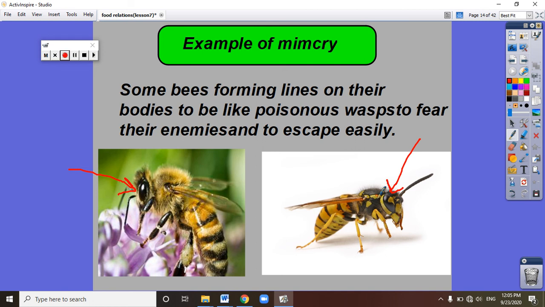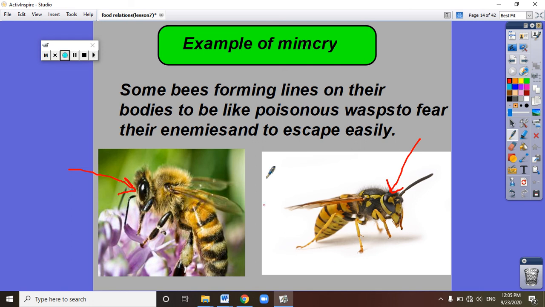One more time, the bees look like the wasps, and the wasps have their way of flying. They fly in lines. When the bees see their enemies, they fly like the wasps, making lines like the wasps. So the enemies of the bees think that the bees are wasps, so they don't devour or attack them.